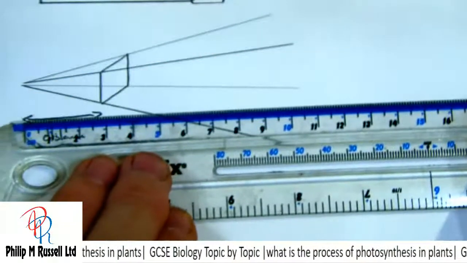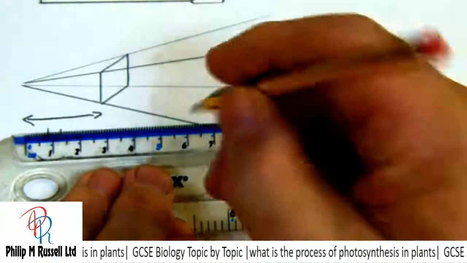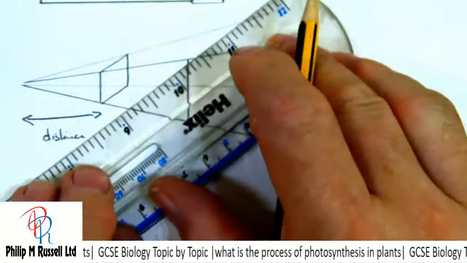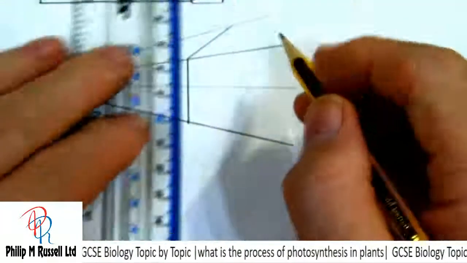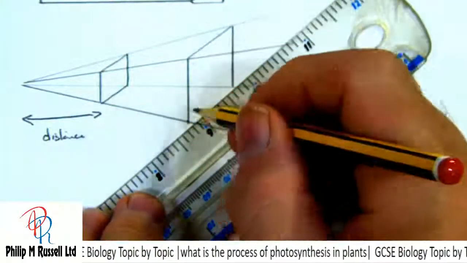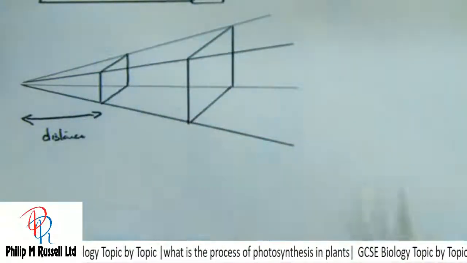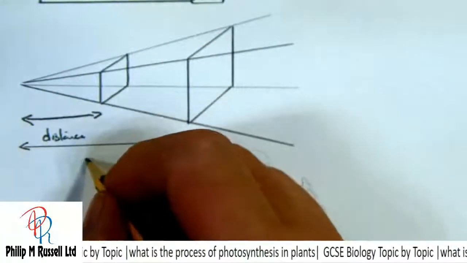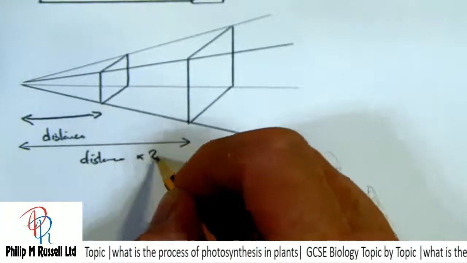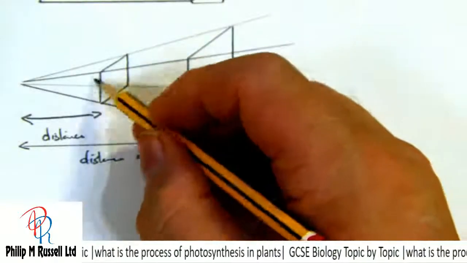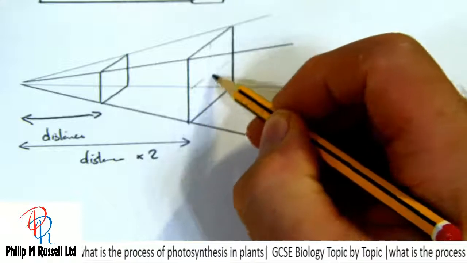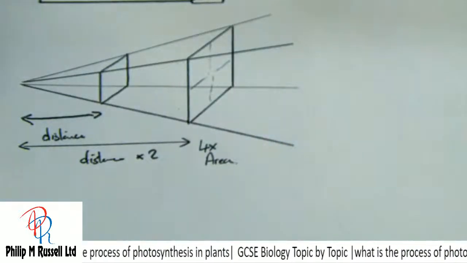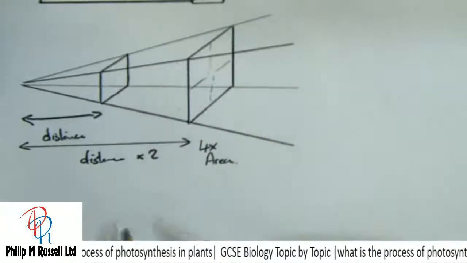By the time we double this distance, and that's about 3 centimeters, so let's go to about 6 centimeters here, by the time I get to this distance here, as we double the distance, then instead of having one area, I could probably see that this is now about 4 times the area. And this is called the inverse square law.